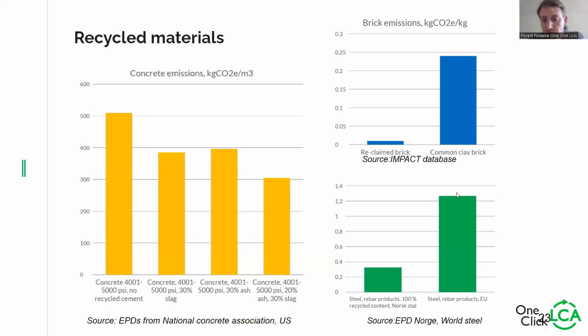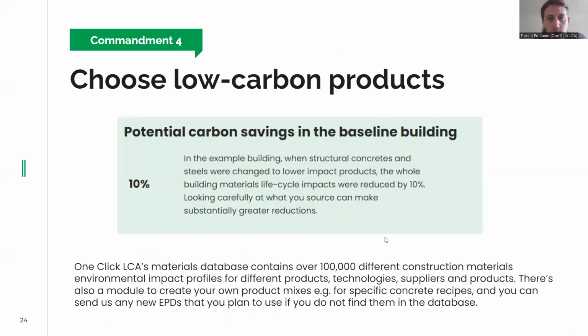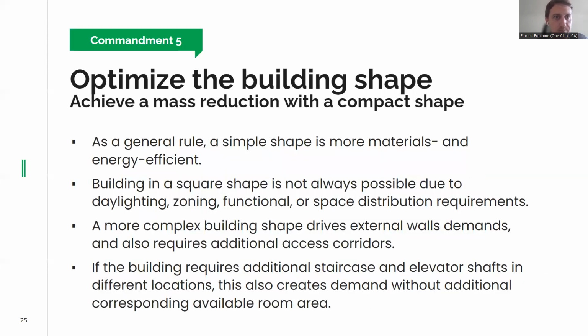And same here for the rebar reinforcement steel that I was mentioning before. So basically, choosing low carbon products is very interesting in terms of potential carbon savings. It can account for a maximum of, for example, 10% in this case for this project.